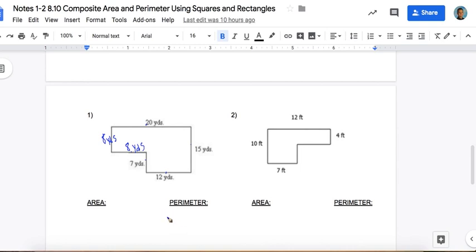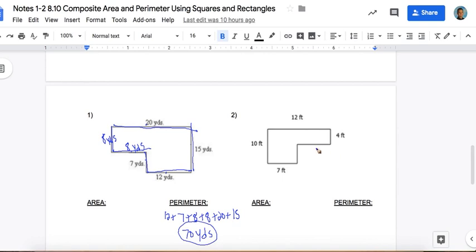So I need to make sure I add 6 numbers. So we're going to do 12 plus 7 plus 8 plus 8 plus 20 plus 15. And that will give me a total perimeter of 70 yards.